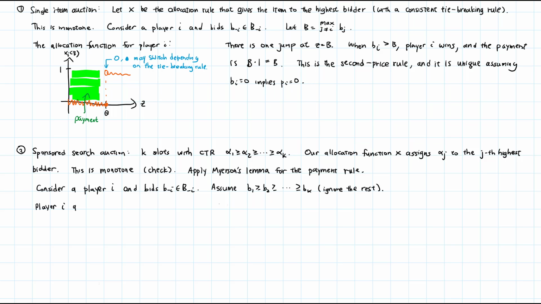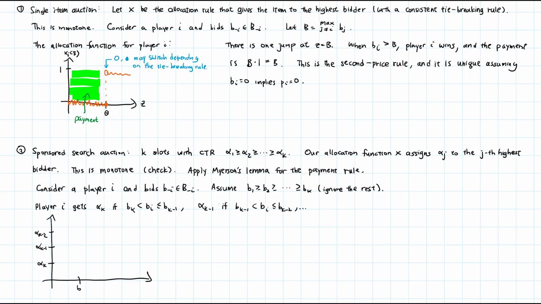Well, player i gets alpha k if their bid is between b_k and b_(k-1). They get alpha (k-1) if their bid is between b_(k-1) and b_(k-2), etc. So the allocation rule has jumps at b_k, b_(k-1), b_(k-2), etc. And the height of each jump is alpha_j minus alpha_(j+1).